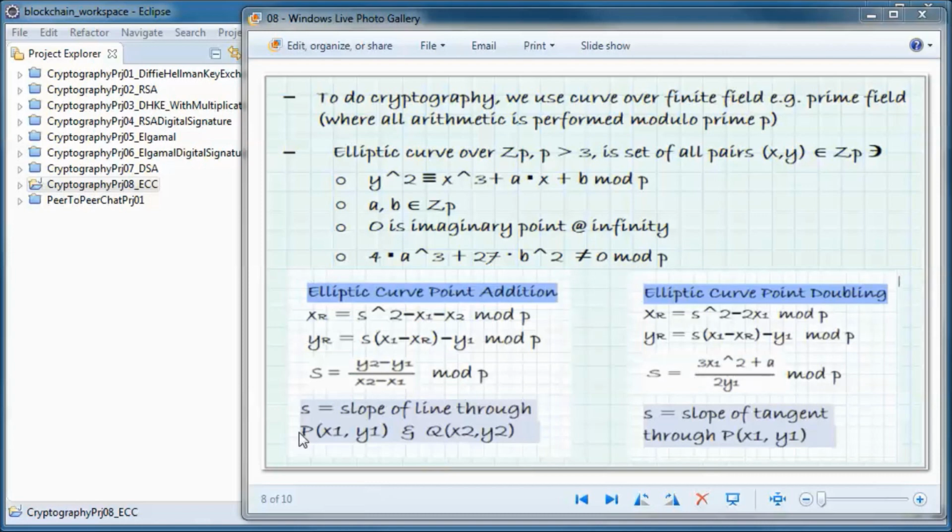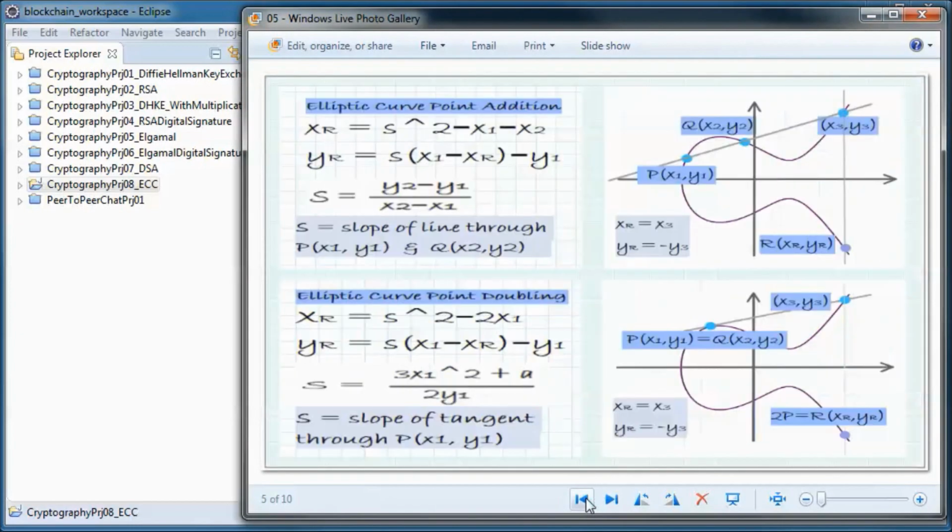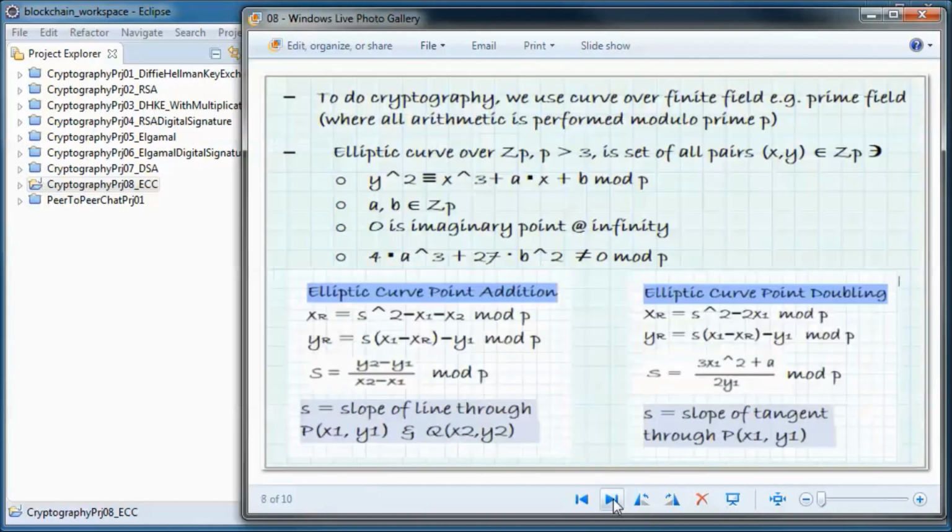So we end up with this elliptic curve point addition and this elliptic curve point doubling. So now we have mod p here, which we did not have here when we were over the real numbers.